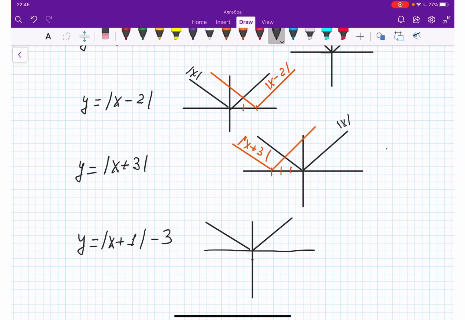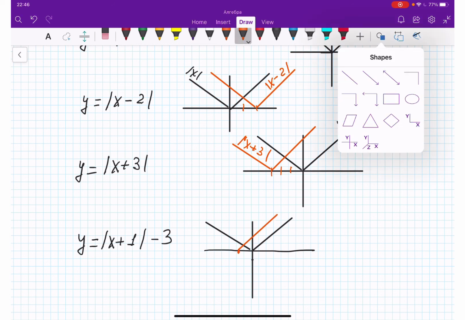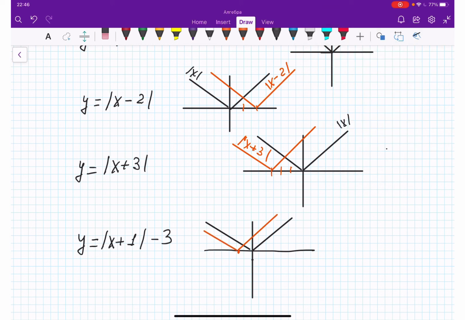Next, you can do either the shifting of y or the shifting of x. It doesn't matter. So I'm doing the shifting of x. So it's going to go by negative 1, right? Here we go. So it's going to come here, parallel, and here. Okay. And now this is negative 1. And now we're going to move down by 3, right?